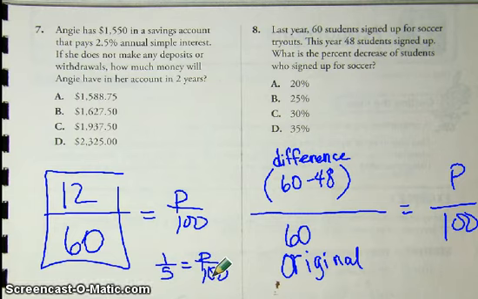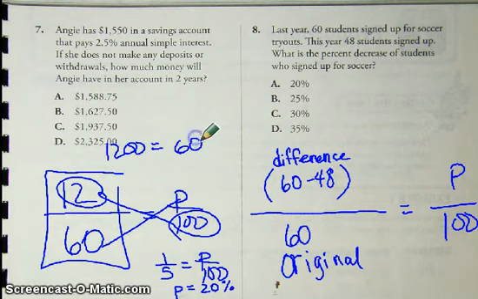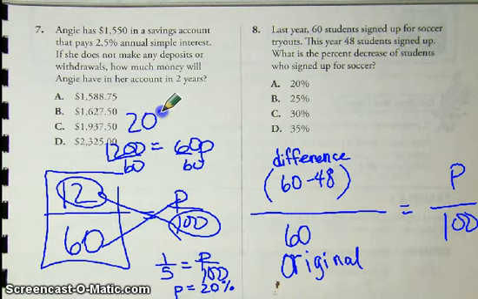And then I know from there that 1/5 as a percent is 20%. Now, if you don't know that, you would multiply 12 times 100. That gives you 1,200. And 60 times P is 60p. So we'd have 1,200 is equal to 60p. Then you're going to divide both sides by 60. And looky there. You still get the percent is 20, which would be A.